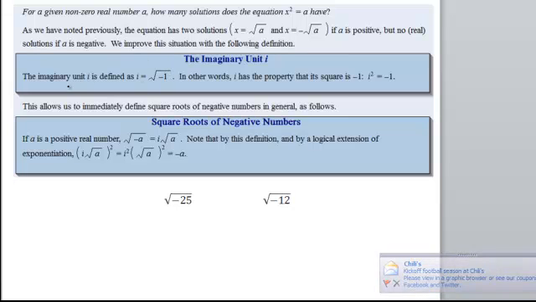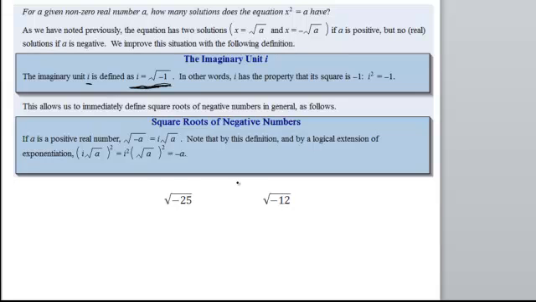So the imaginary unit i, that's your imaginary number, it is the letter i. It's equal to the square root of -1. Okay, so that's just one of those things you need to remember from now on. i is the square root of -1. That's very, very, very important.